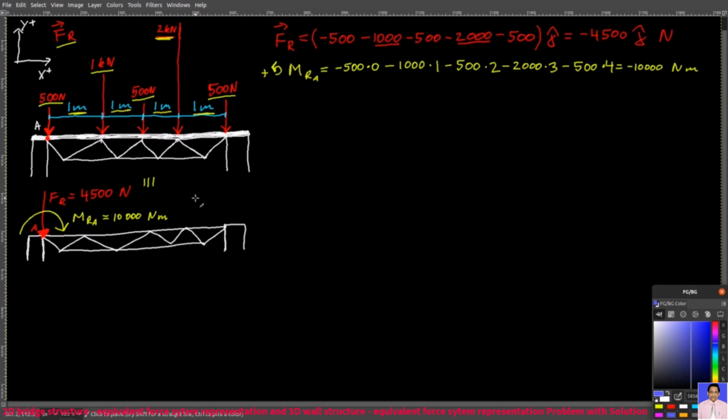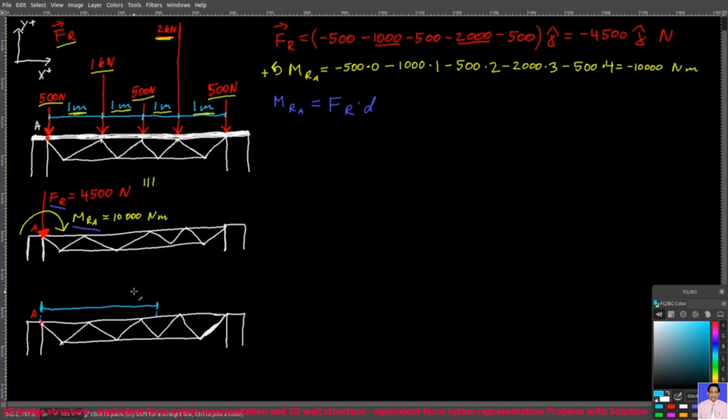However, what if I now relate Fr and MRA with this equation? MRA equals Fr times D. Essentially, there is a special distance from point A such that if I place my Fr there, then it will give me this MRA.